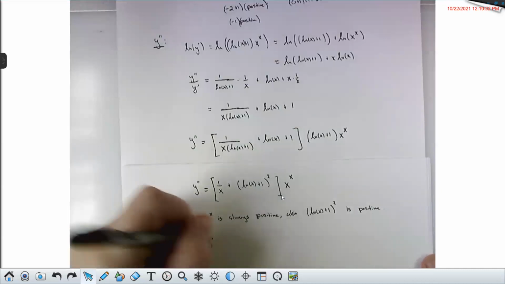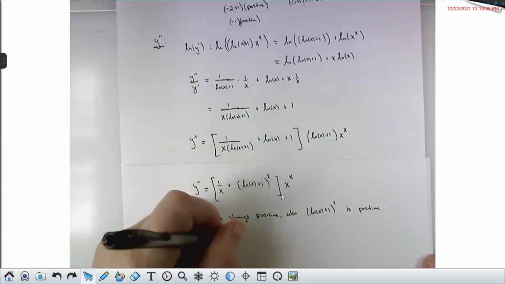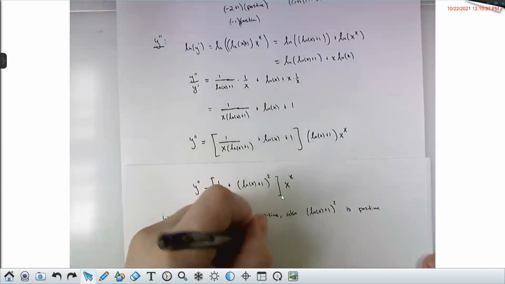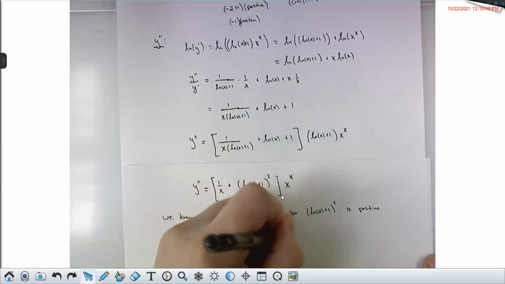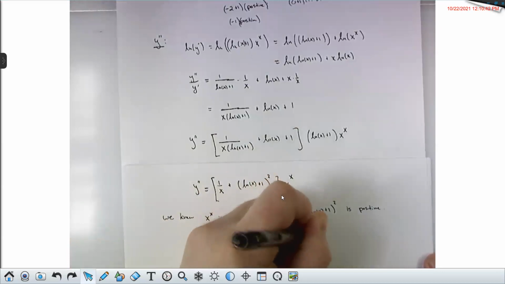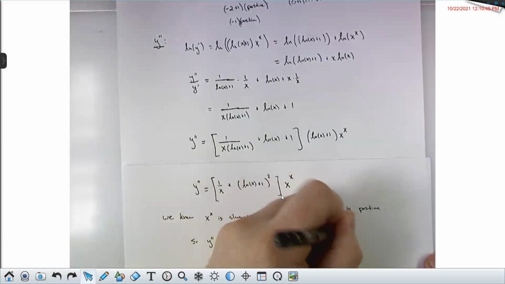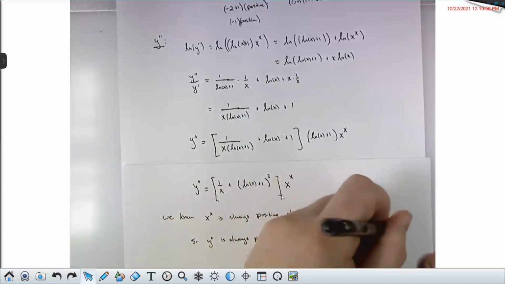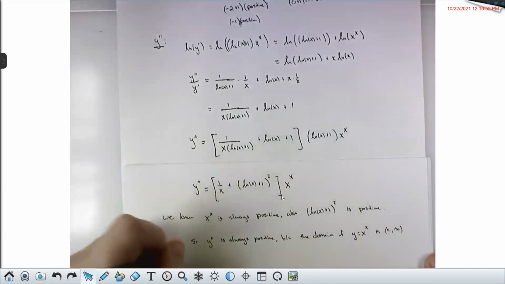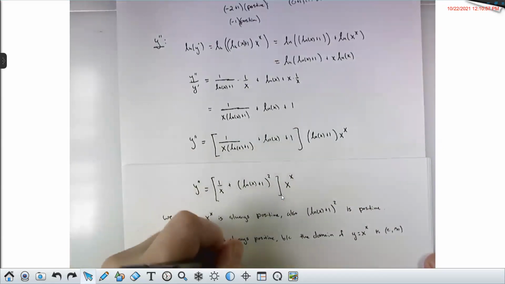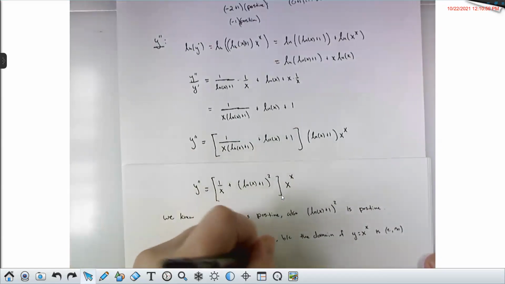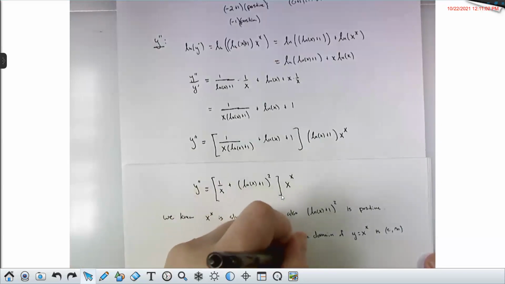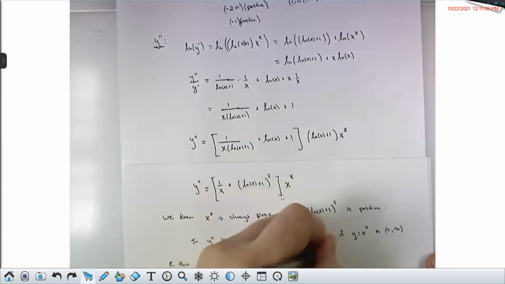So y double prime is always positive because the domain of y equals x to the x is 0 to infinity, and the expression above must be positive if x is positive.